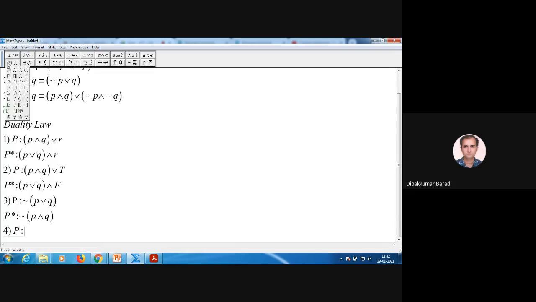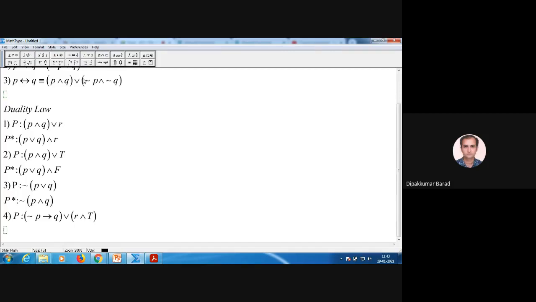And I have another one: bracket not of not P implies Q, or R and T. Now capital T is a special notation, which represents the truth value.